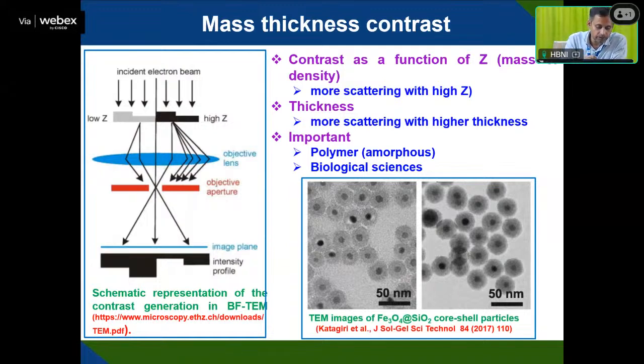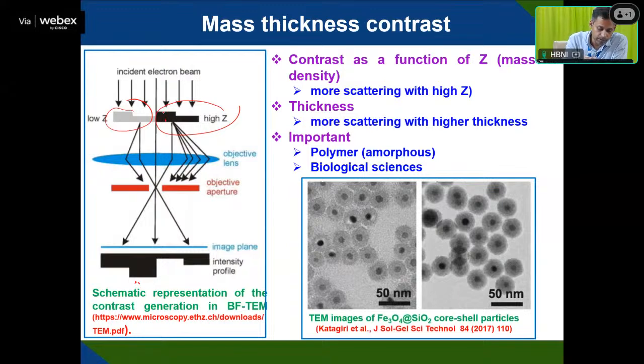You can see here how the mass thickness can vary your TEM image. This side is low Z material and this side is high Z material. In low Z, your electron beam is transmitting much more, so you get the opposite type of image here. But in the case of high Z material, the electron beam transmission will be less.